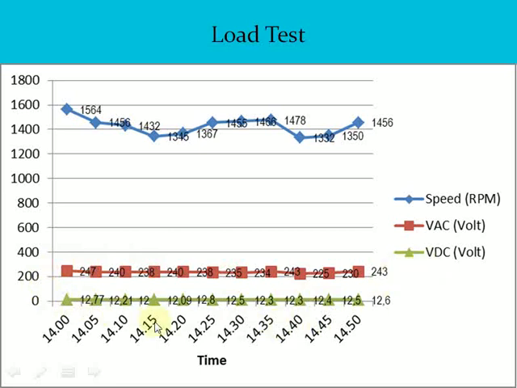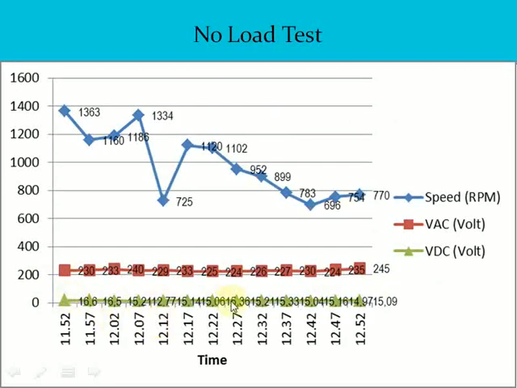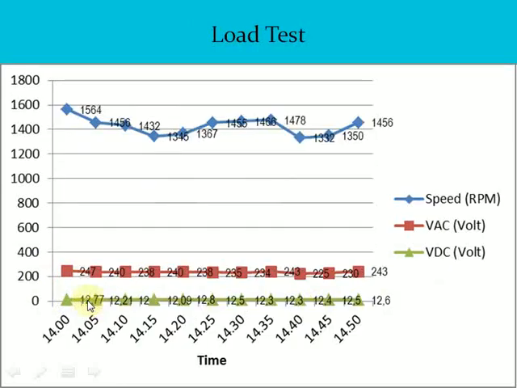If we compare with this result, this is about 16 volts, and here is about 12 volts. So this is influenced by the connection of the loads. By connecting the loads, the voltage decreases. This is the theory: if we connect the loads to the generator, the output voltage will decrease.